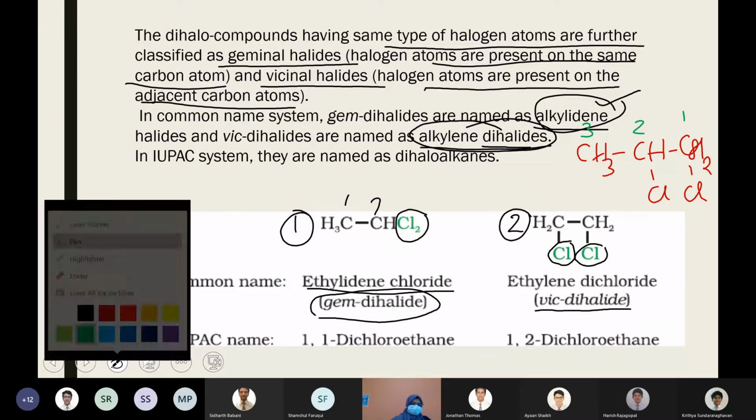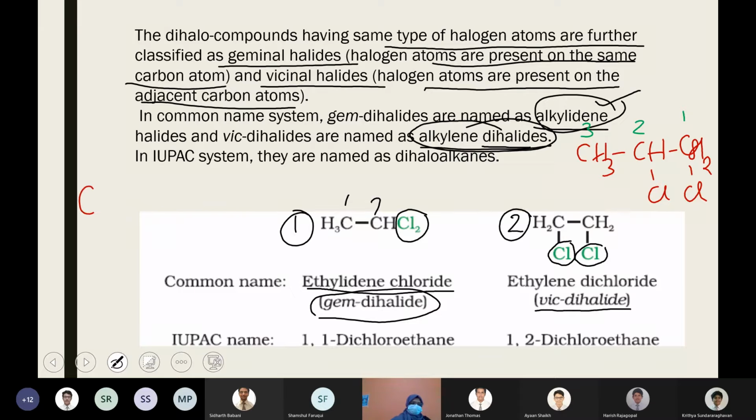If the same compound was like this, CH3, CH2, CHCl2, then how will the name change? CH3, CH2, CHCl2.